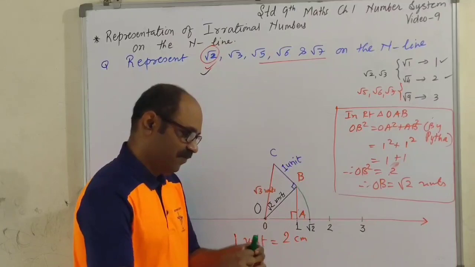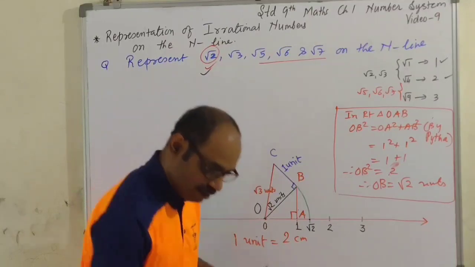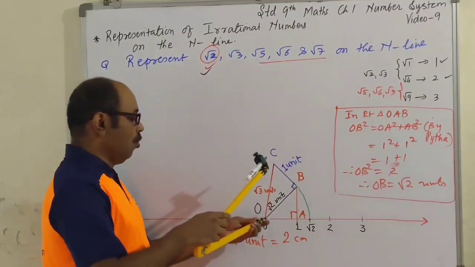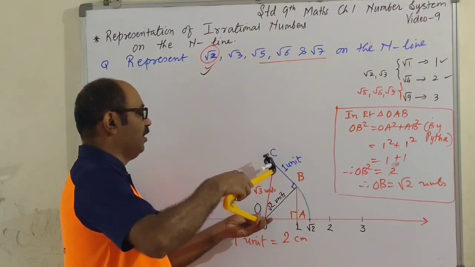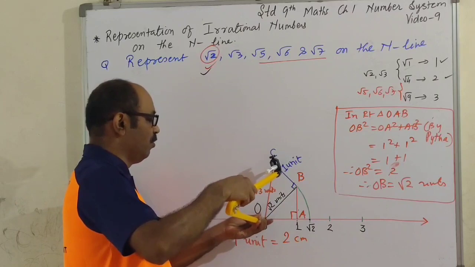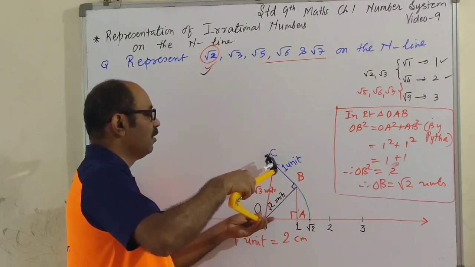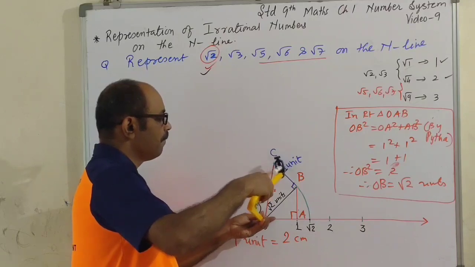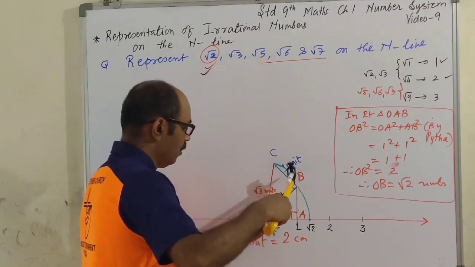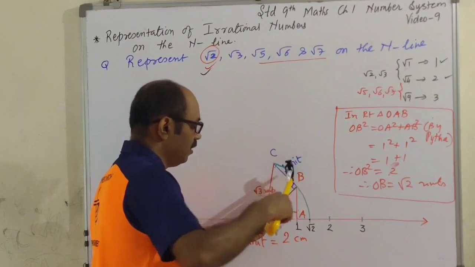Fine, children. OC is √3. Now I have to do projection.